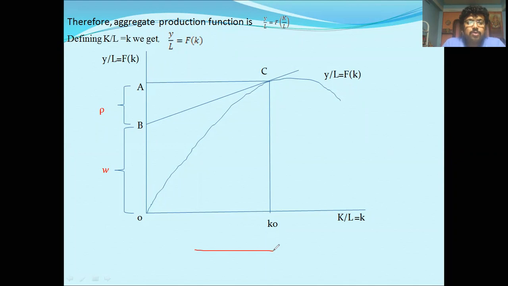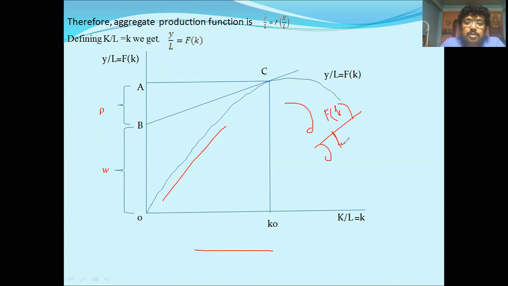This is the output per head curve, and the slope of this curve is the real rate of interest, because slope means del f(k) by del k.